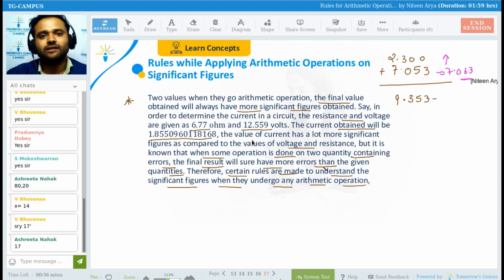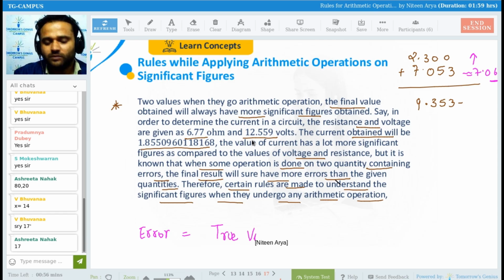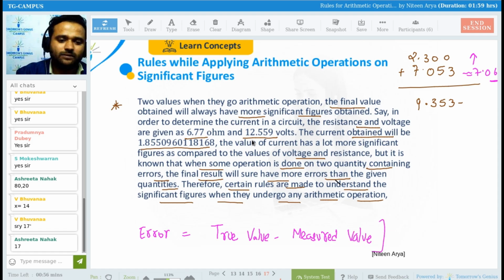Whatever the doubtful digits are, these are known as error, because the word error appears here for the first time. So error is nothing but true value minus measured value. That is your error. As simple as that. That is the simplest definition of error. Clear, everyone?